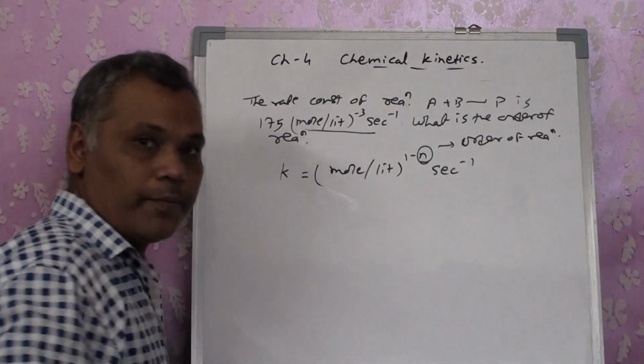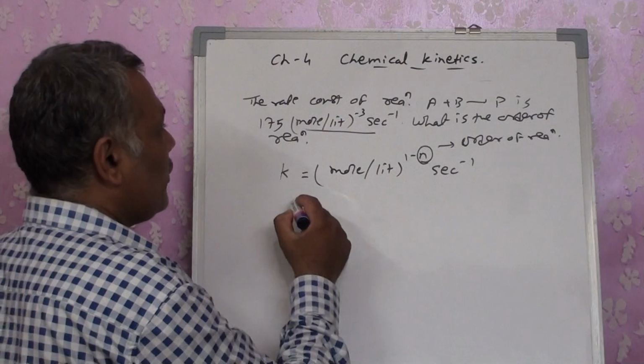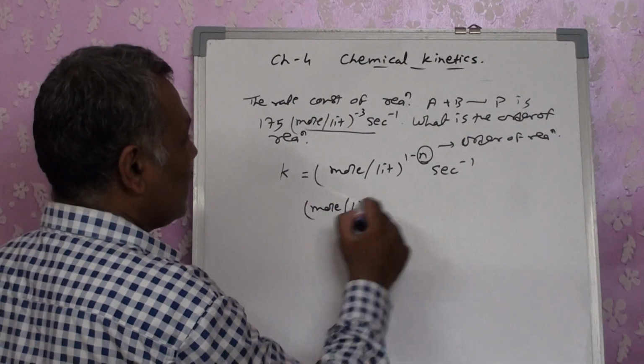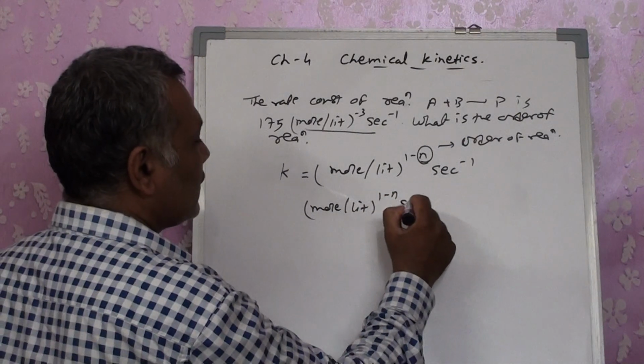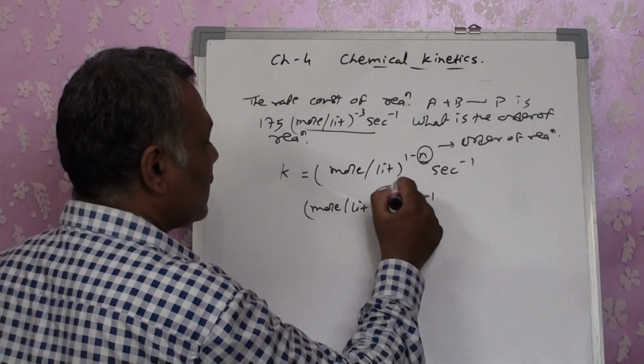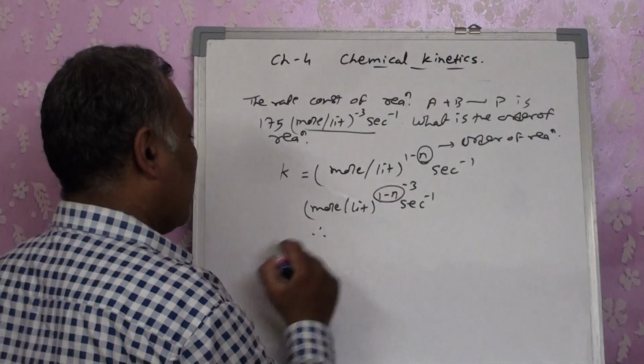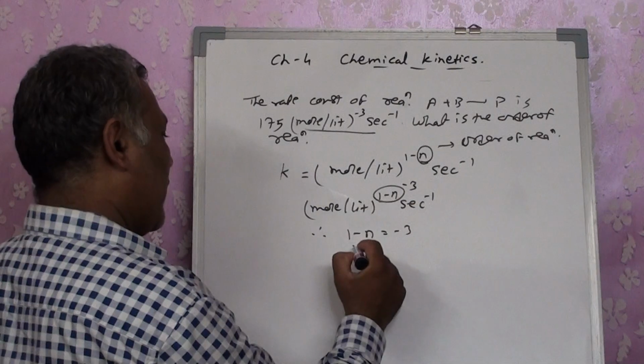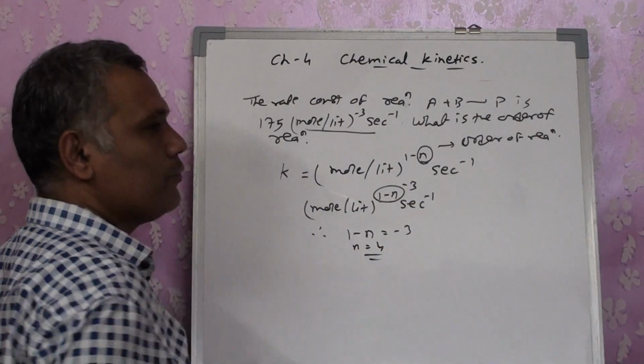It's given here as mole per liter raised to 1 minus n second inverse, where 1 minus n is minus 3. So 1 minus n is equal to minus 3, so n is equal to 4.